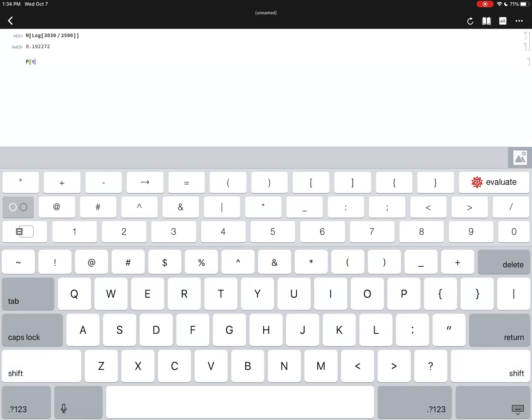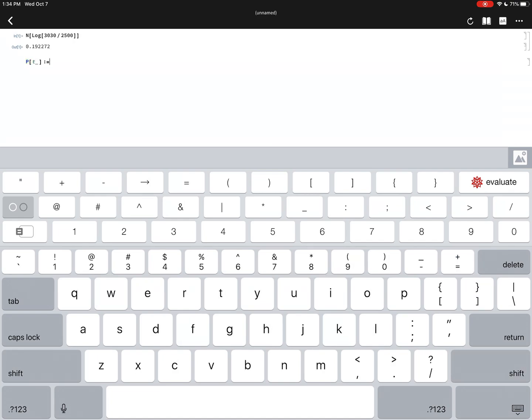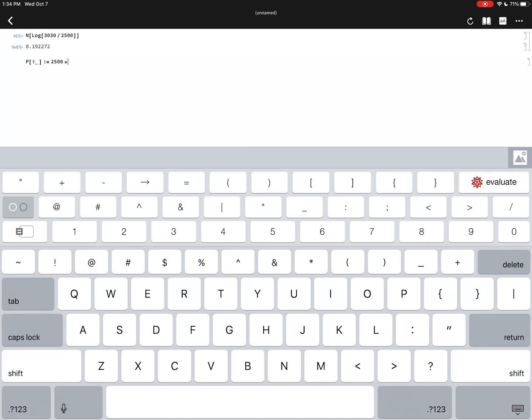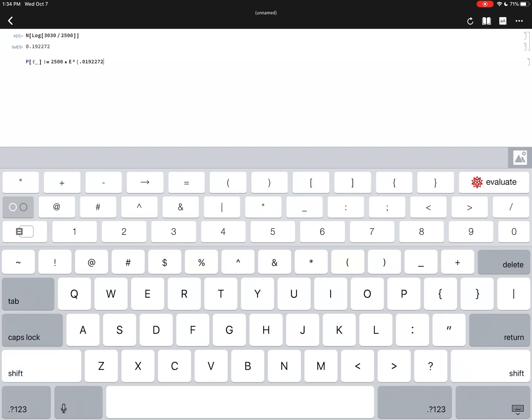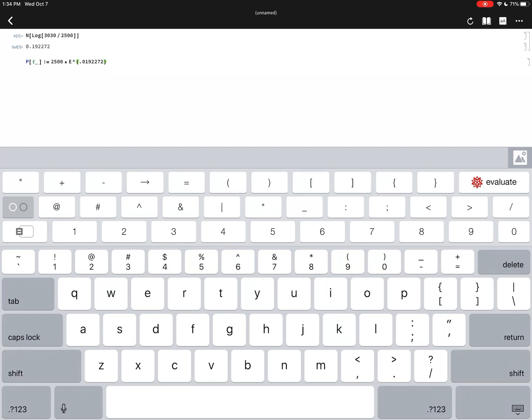I need to do underscore colon equals, and I want to do 2500 times the number e raised to the parenthesis. I'm just going to use our decimal approximation, 0.0192272, that's my k, times t, and that should do it.